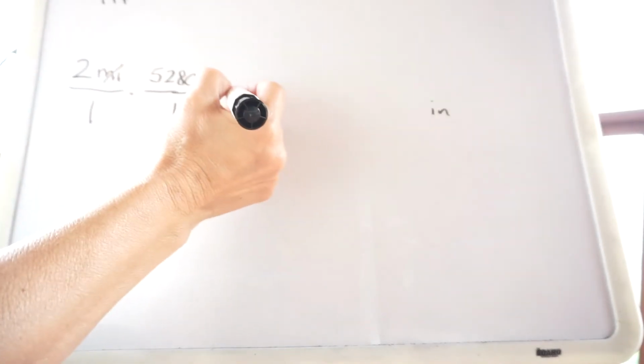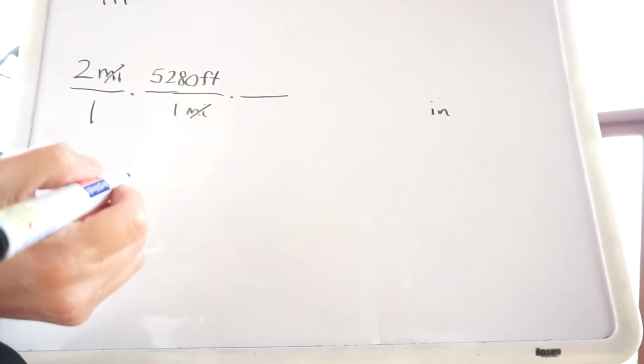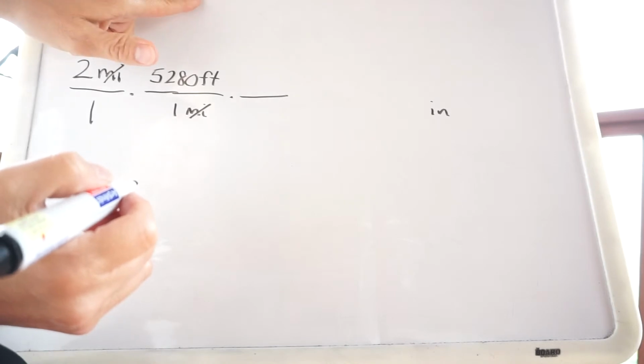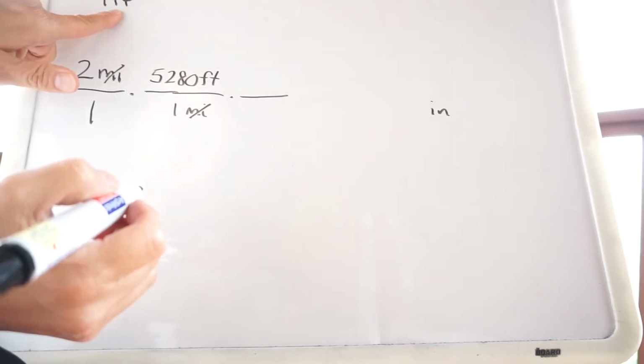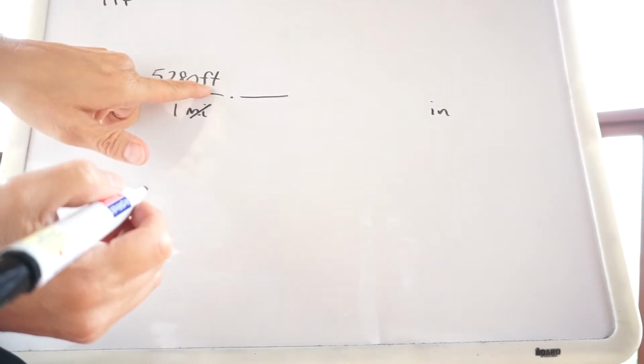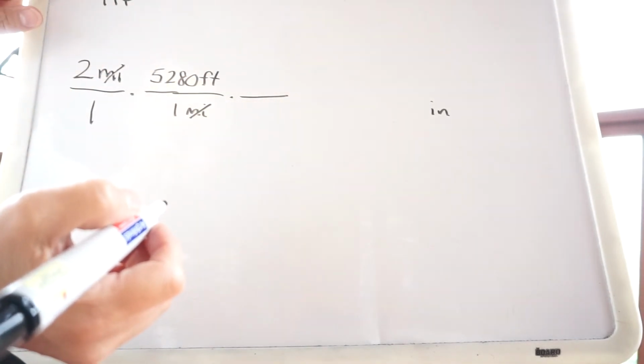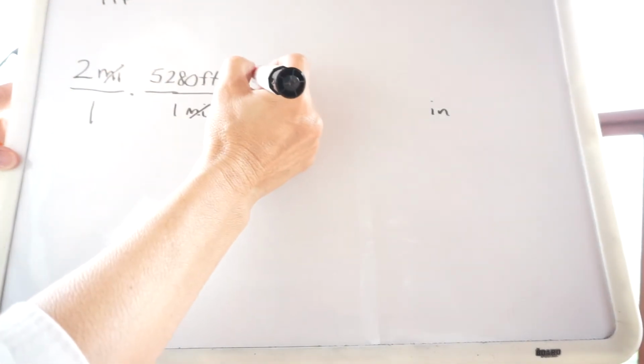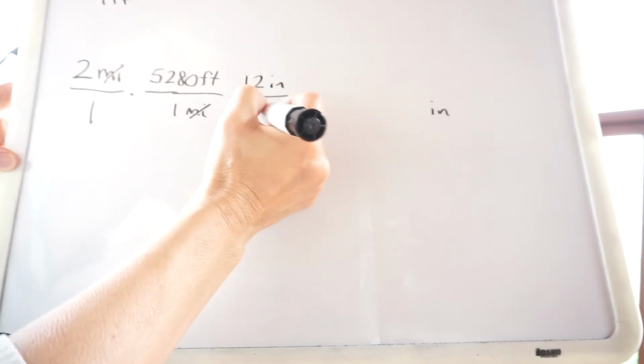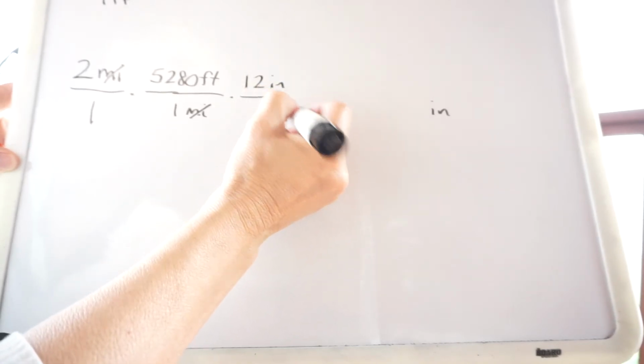So now I'm going to be left with feet, but I want to get all the way to inches. So now I'm going to change my feet to inches. And we need to decide, do I use this one? Do I use this one? Well, my feet is in the numerator here. I need it in the denominator so that they cancel out. So I'm going to use this unit multiplier and do 12 inches is 1 foot.